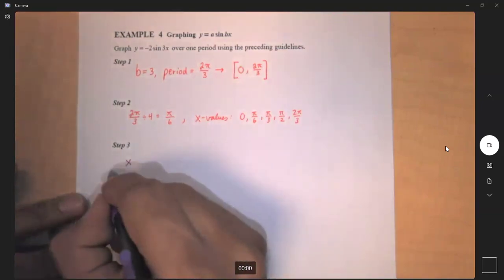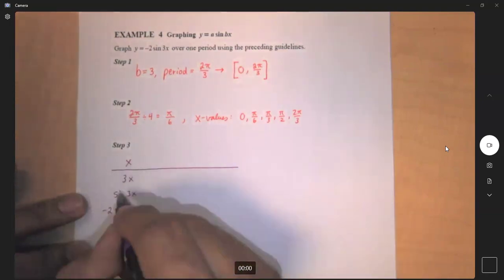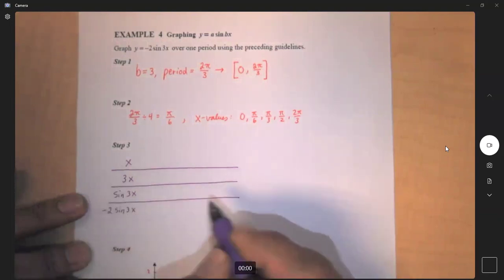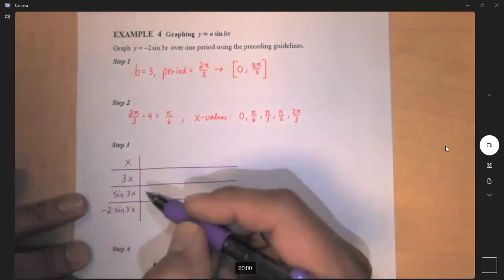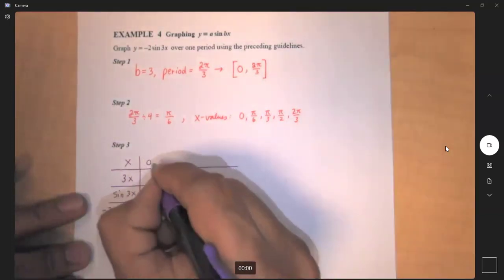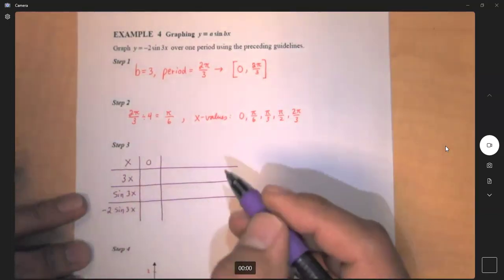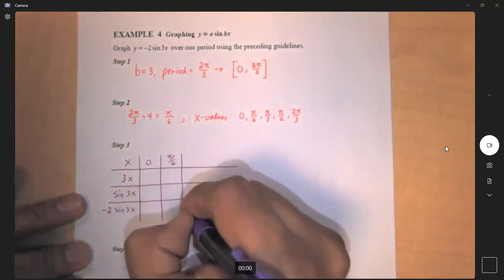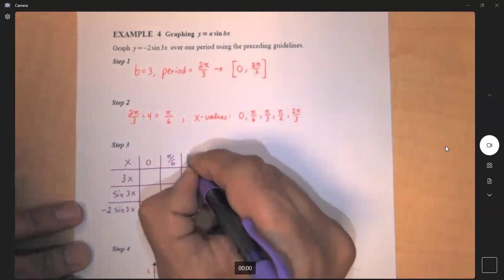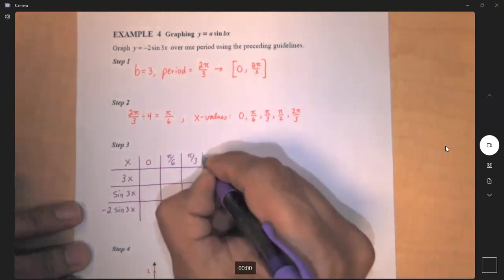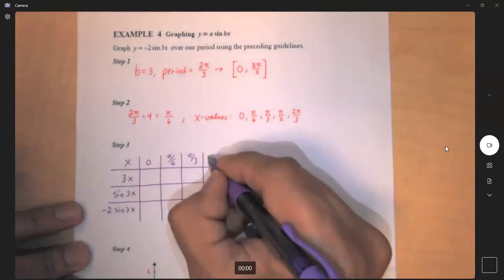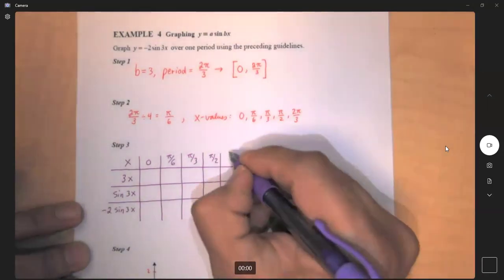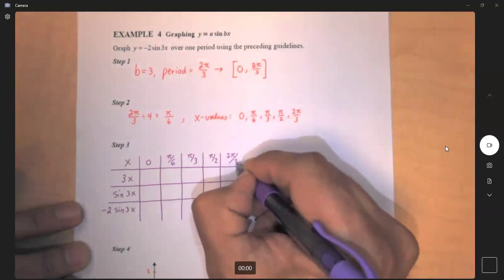Okay, so let me draw this out. So 0, pi over 6, pi over 3, and then pi halves, and then the last one is 2 pi thirds.